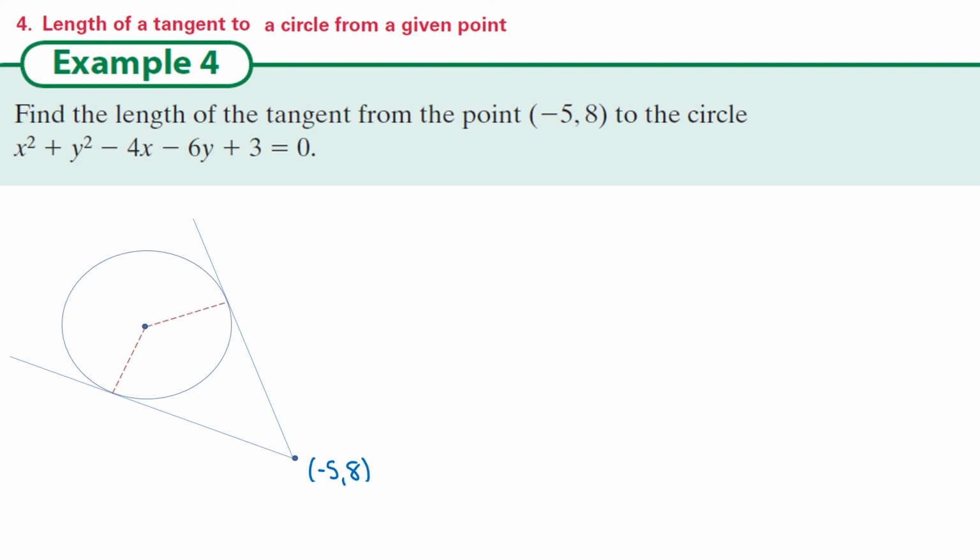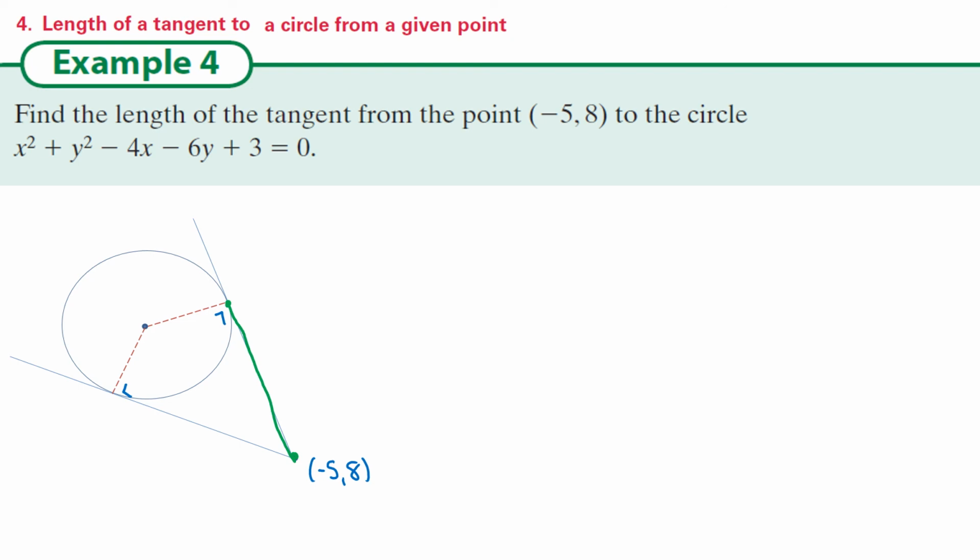They're each a distance r away from the centre, and the radius and the tangent are perpendicular at the same point. And they want us to find the length of the tangent. So what we're basically trying to find, it doesn't matter which one we work with, is either this length here or the equivalent length on the other side.